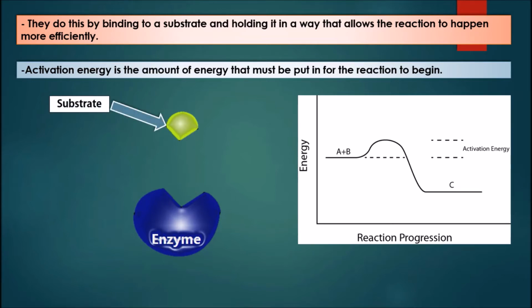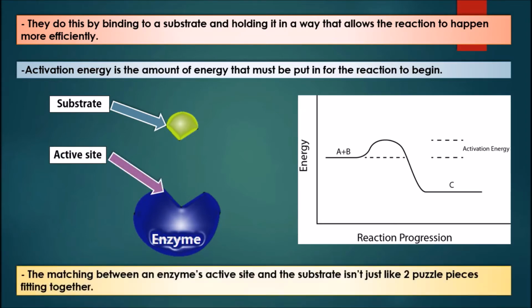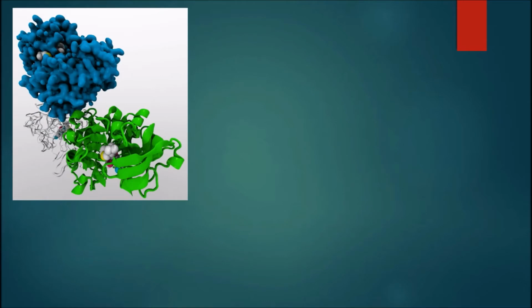The part of the enzyme where the substrate binds is called the active site. The matching between an enzyme's active site and the substrate isn't just like two puzzle pieces fitting together. Enzymes are highly specific to the substrate.